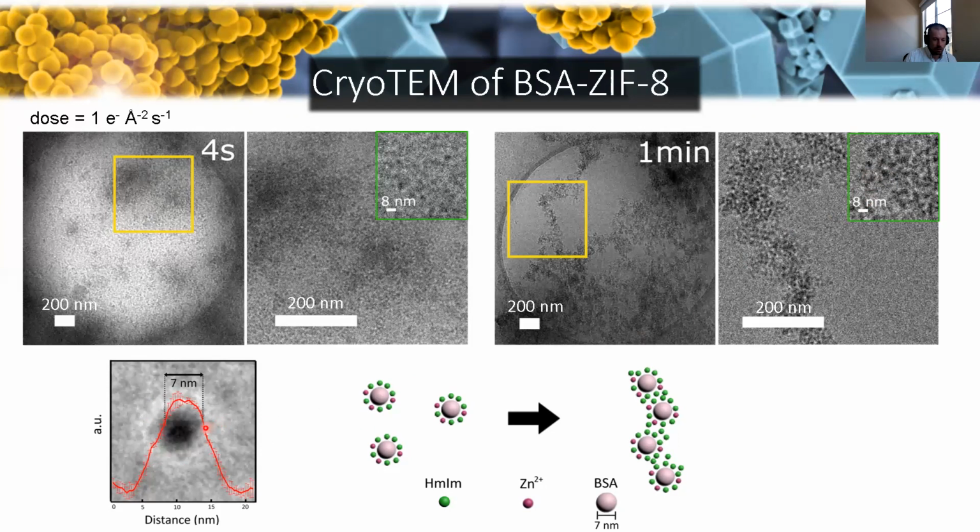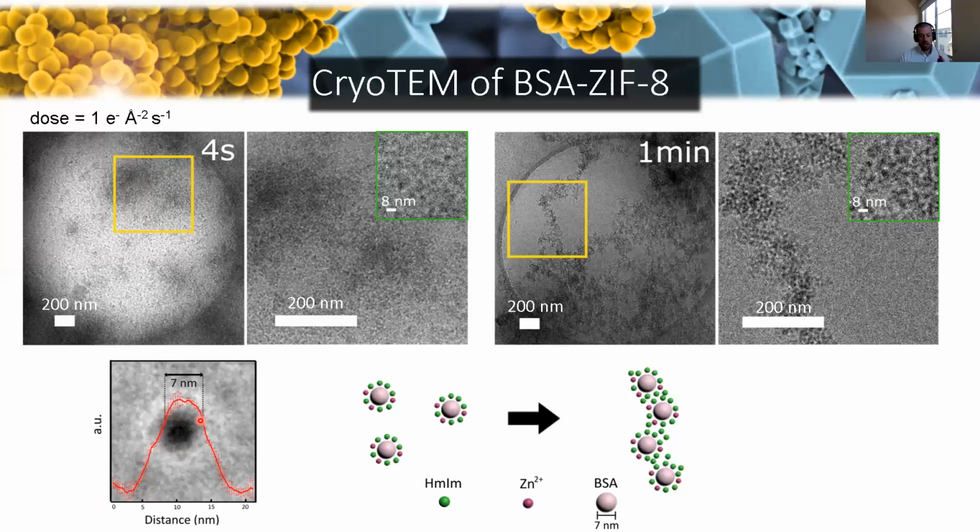But then as we move closer into the center, what we see is a core shell structure. So we see this light gray shell around this very dark core. And you can also see that in the plot profile analysis here. We have these turning points, which is indicative of this core shell structure. And the core here looks to be exactly 7 nanometers, which is the size of this BSA.